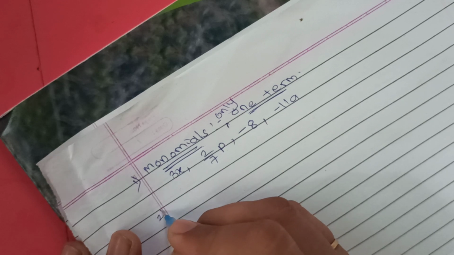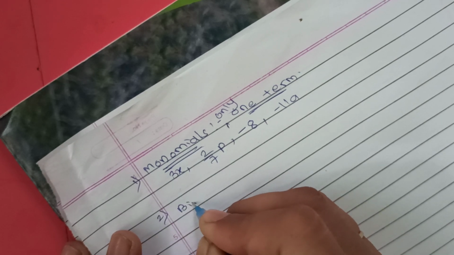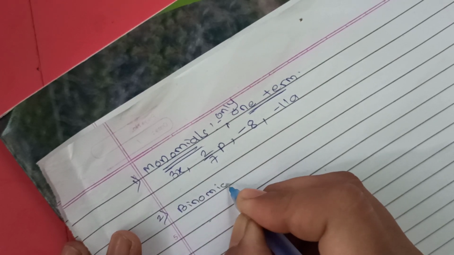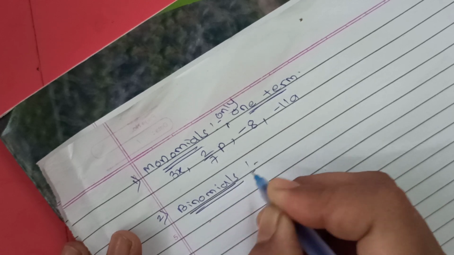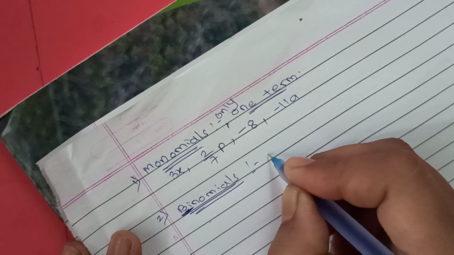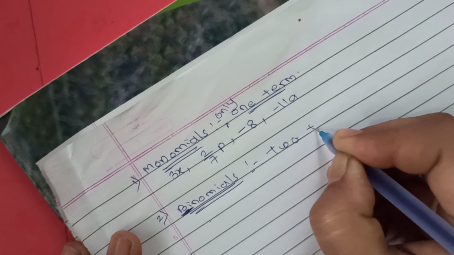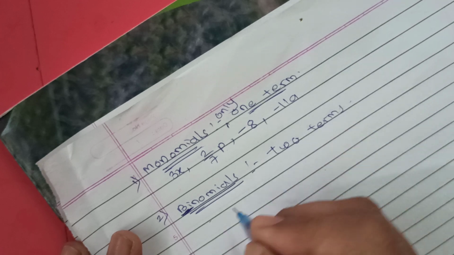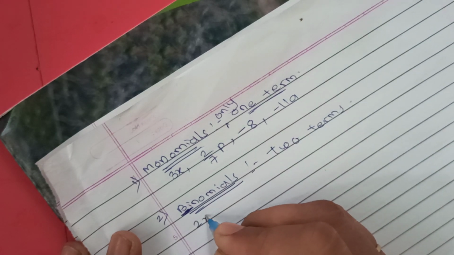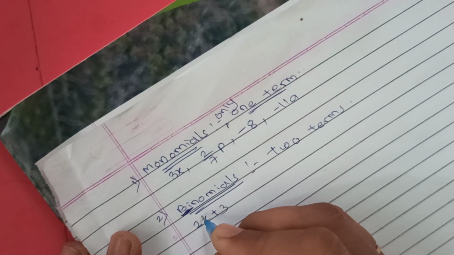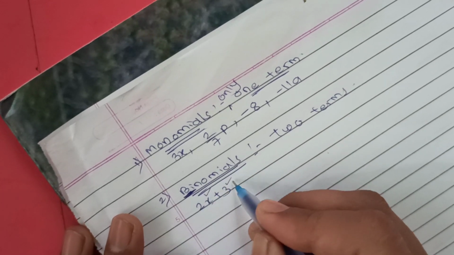Now second, you have a binomial. Binomial is a two term. Binomial's name itself indicates that it has two terms. Which are the two terms? Examples are 2x plus 3. When you count it, 1, 2.